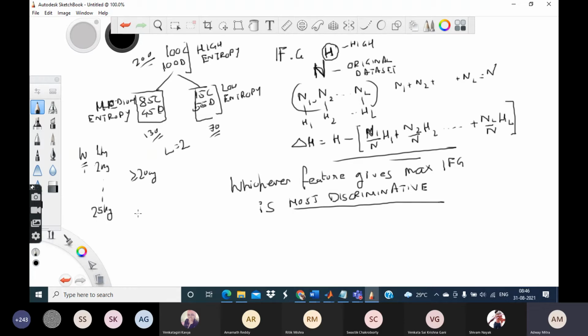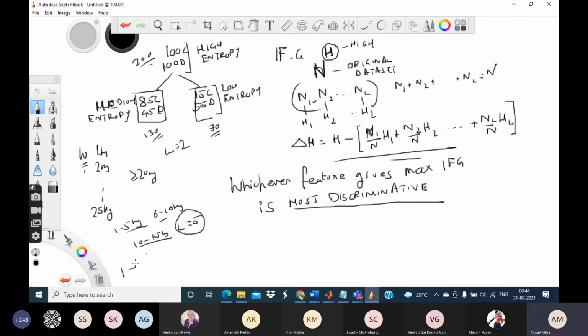Yet another way of splitting may be 1 to 5 kg, 6 to 10 kg, 10 to 15 kg, 15 to 20 kg, 20 to 25 kg, and so on. That will be a 5-way split, L equal to 5. And the splitting need not be uniform either.